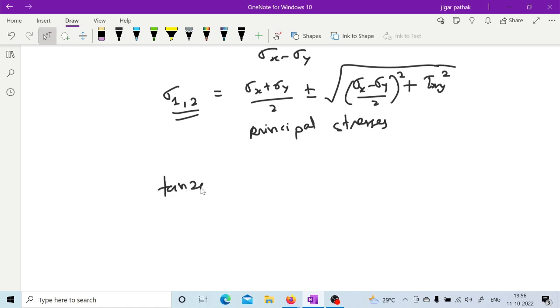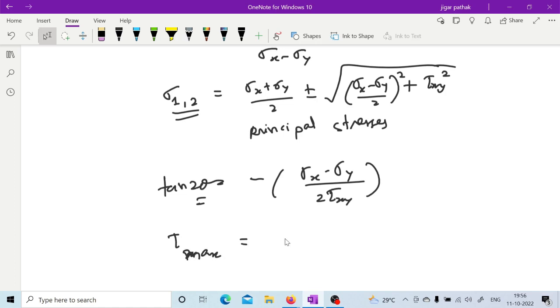In that case what you will get is tan 2 theta is equal to minus sigma x minus sigma y upon 2 tau xy. Once you get this, again 2 theta will be there. When you use those two different values of theta, you will get your maximum shear stress, where the normal stress will be considered as 0.